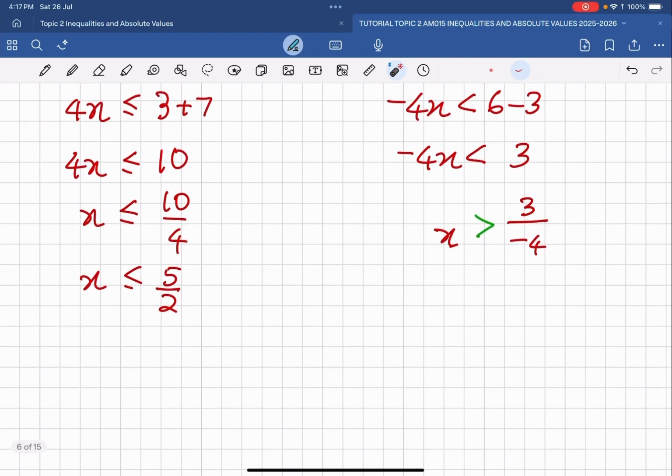The next thing we have to do is to draw a number line. Once you like to draw a number line, all you have to do is arrange these numbers in order. On the left side it's going to be a smaller number, and on the right hand side it's going to be a larger number.